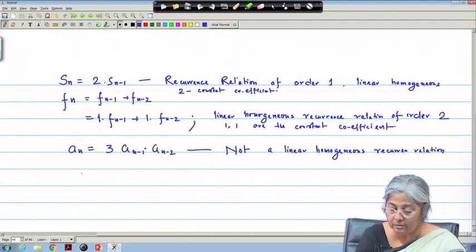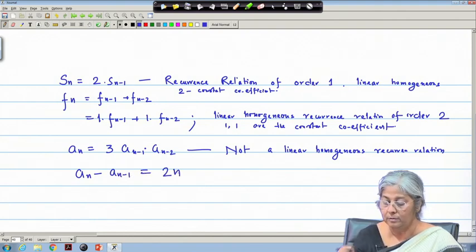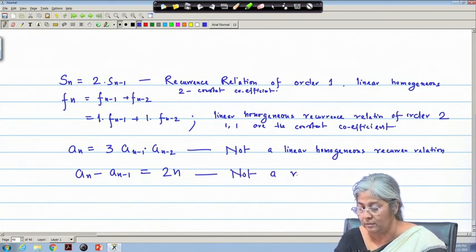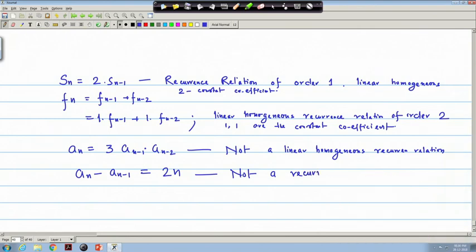Or if I write a_n minus a_{n-1} equal to 2n, so this is not a recurrence relation, since there is no relation here where the nth term depends on the predecessor like that.